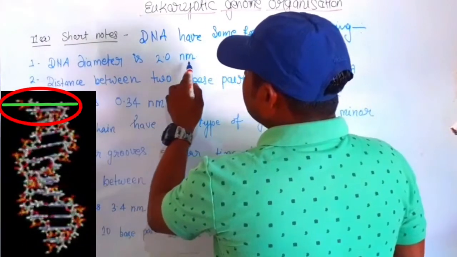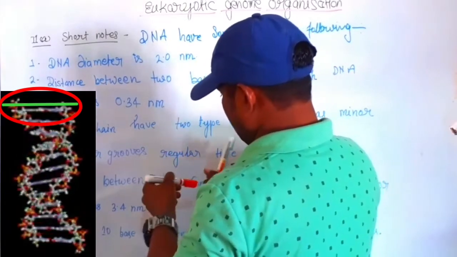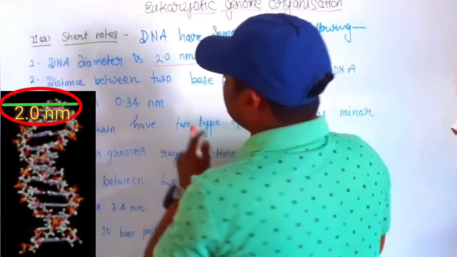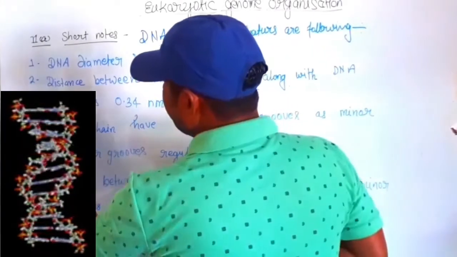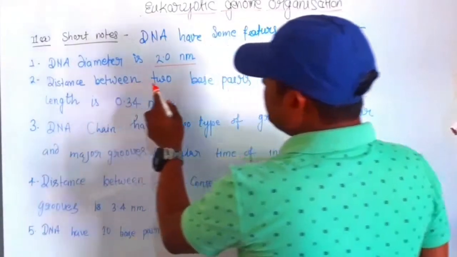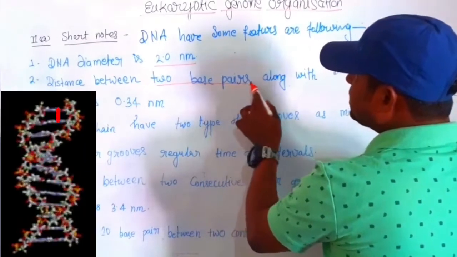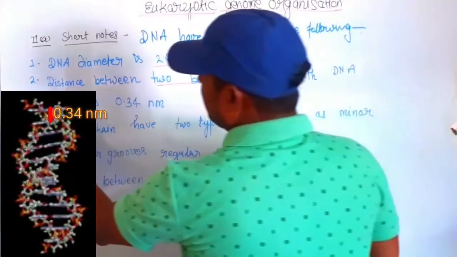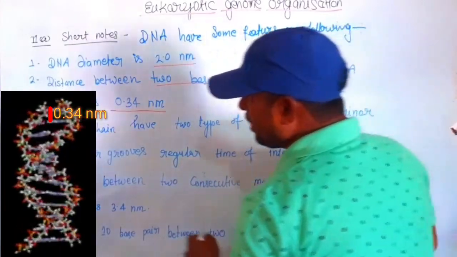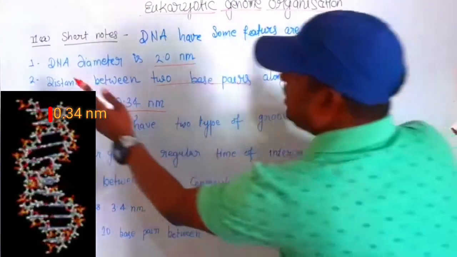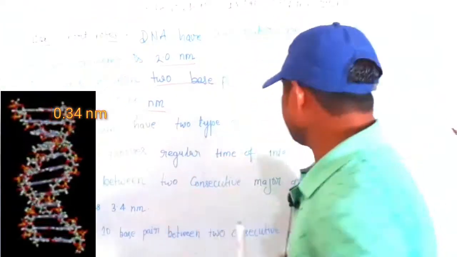DNA diameter is 2.0 nanometer. As we see in the structure, the distance between two base pairs along the DNA length is 1 nanometer. This word we will discuss later.